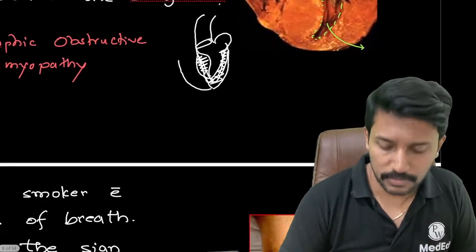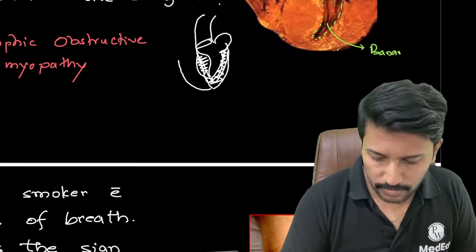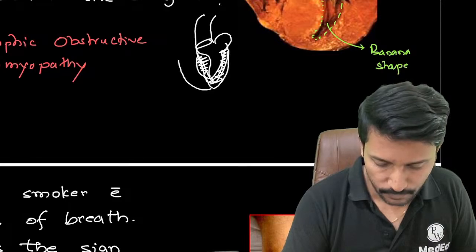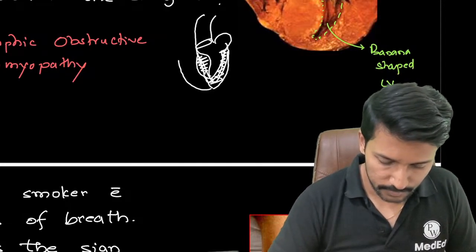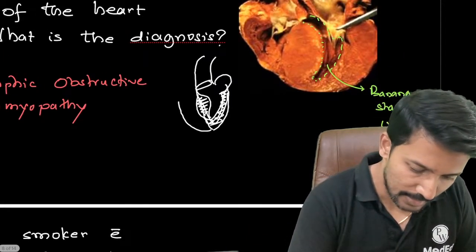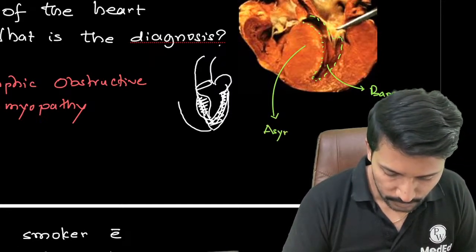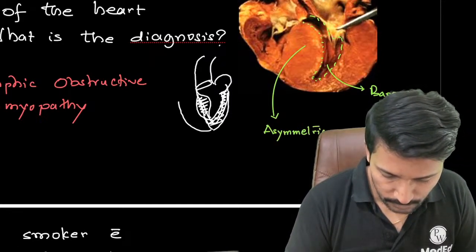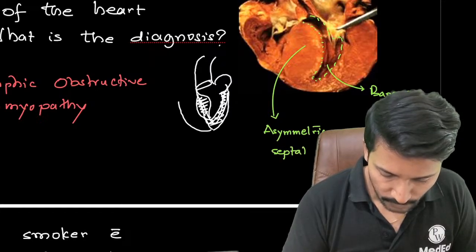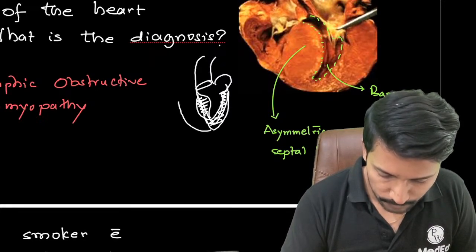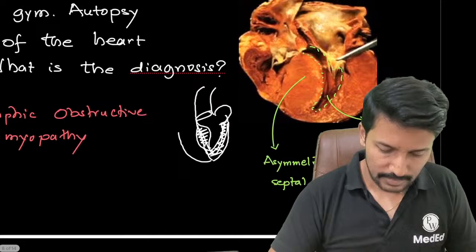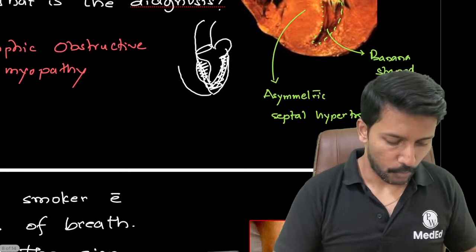So the first observation is banana shaped left ventricle. Then the second observation is asymmetric septal hypertrophy.